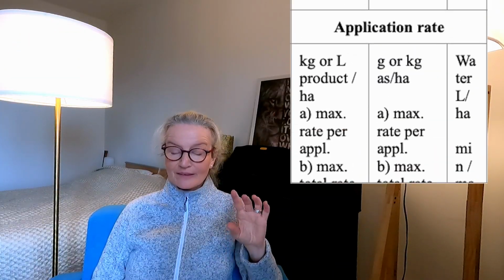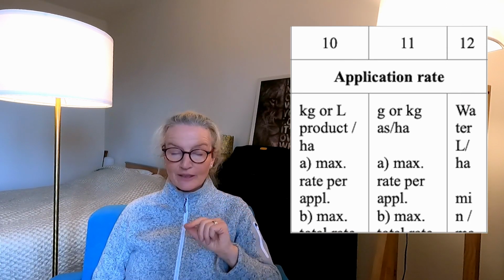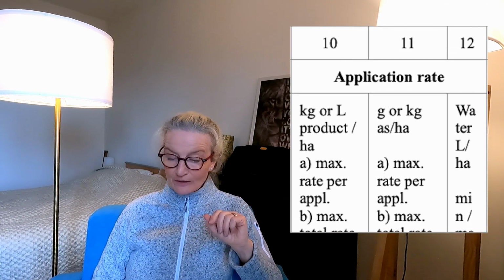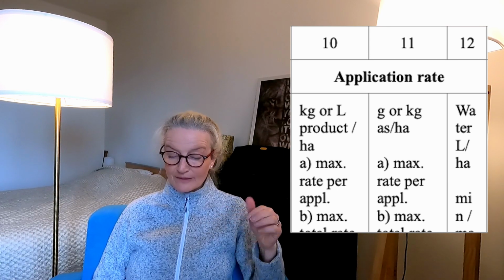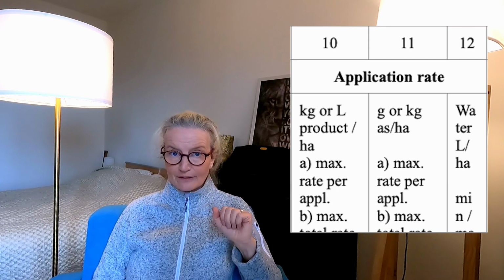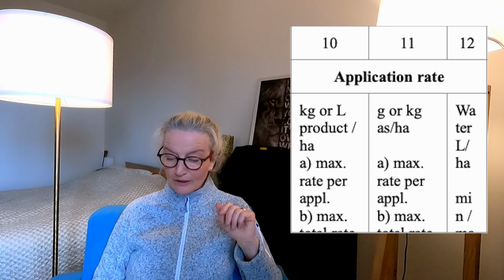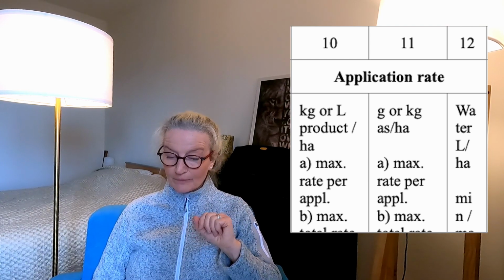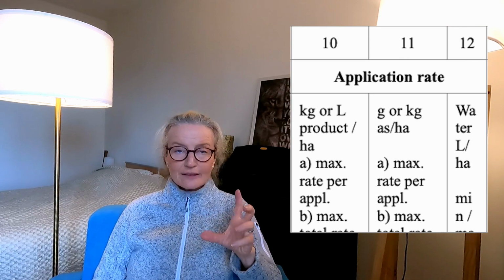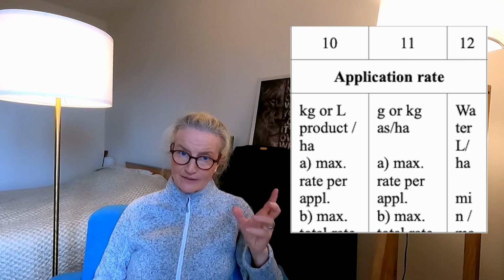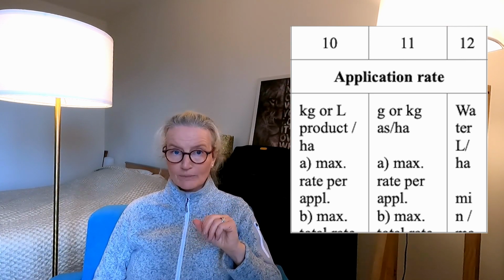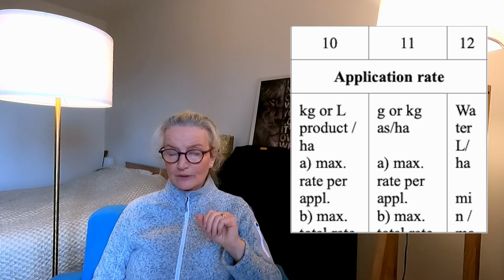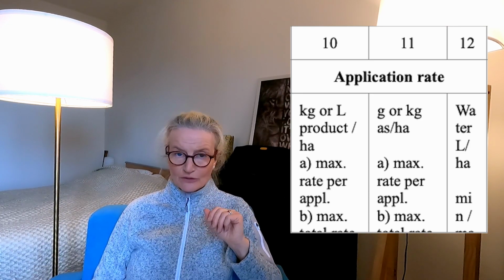Columns 10, 11 and 12 are about the application rate per treatment. And here you would specify, for instance, the number of liters per hectare of your product that you have to apply. You would also calculate and provide that number in column 11, how much active substance expressed as kilogram per hectare you would apply, and the water volume if your product is to be dissolved in water.